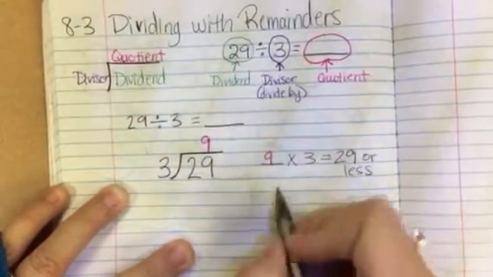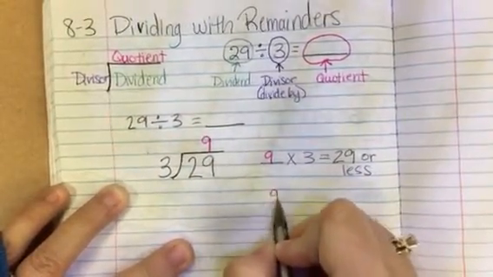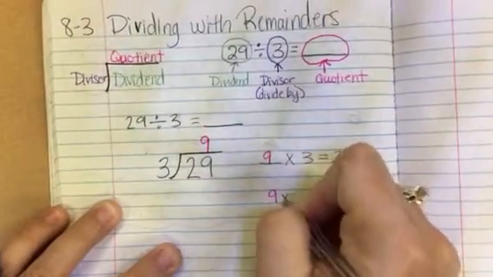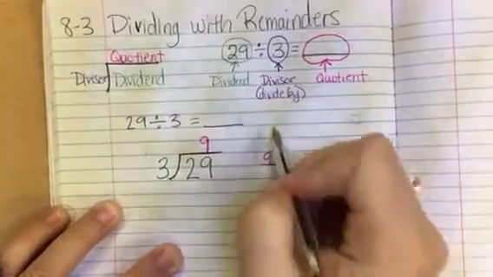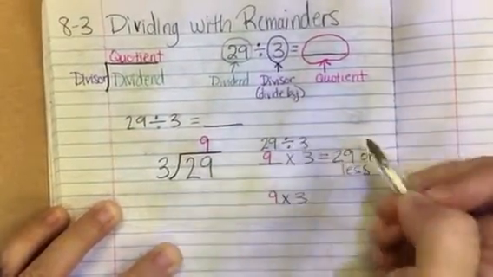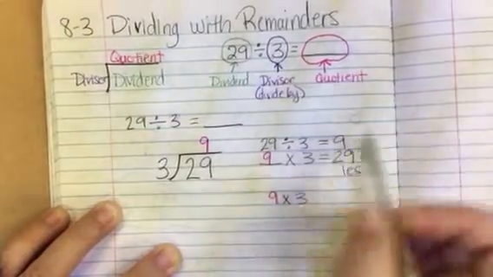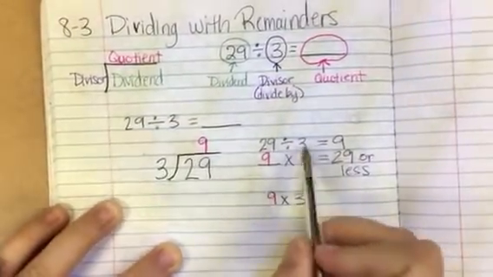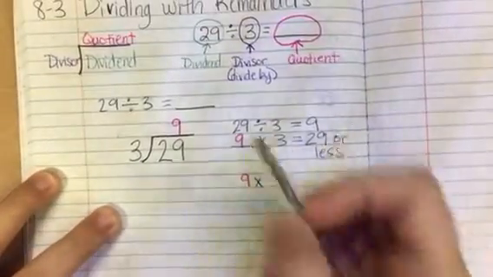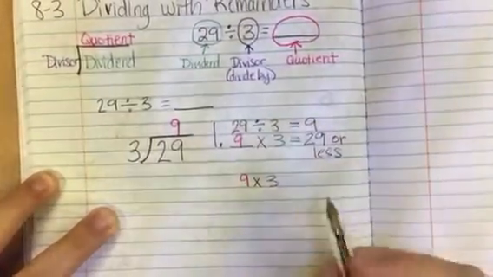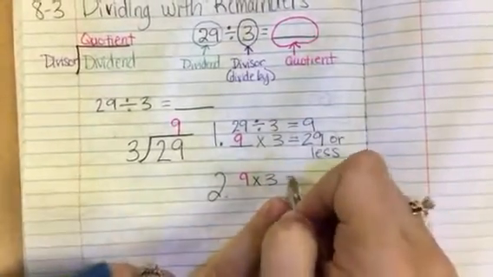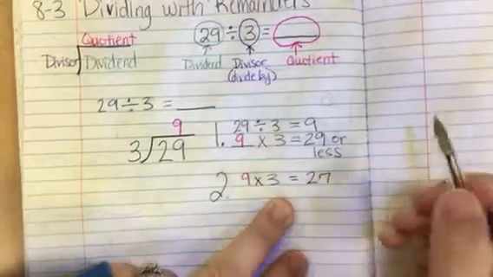And now I know that 9 times 3. Basically over here we did 29 divided by 3 equals 9. But for me to know that, because we're not always super great at our division facts, I split it up backwards. So this is step 1, okay? Step 2, I'm going to do 9 times 3, and I know that equals 27.